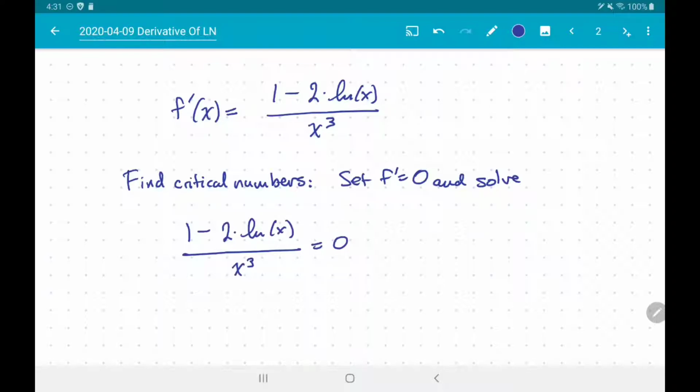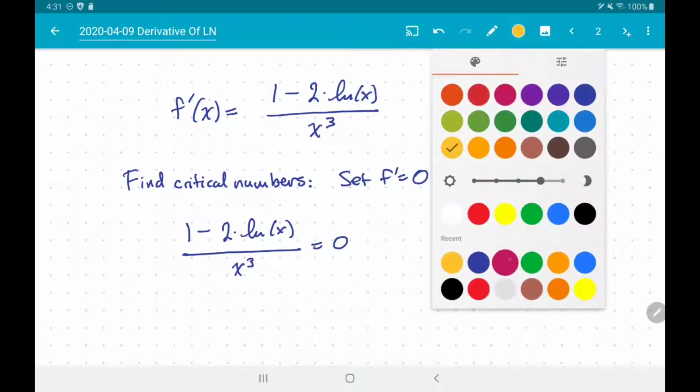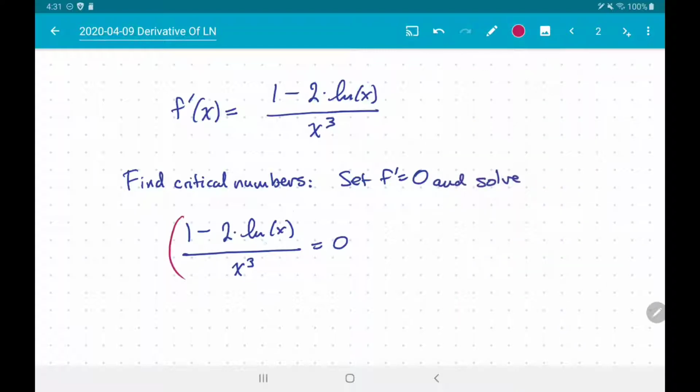We've solved equations involving fractions equal to 0 before. The trick to remember is that if the result of division is 0, then the numerator must itself be 0. Another way to see that is that we could multiply both sides by that x cubed.